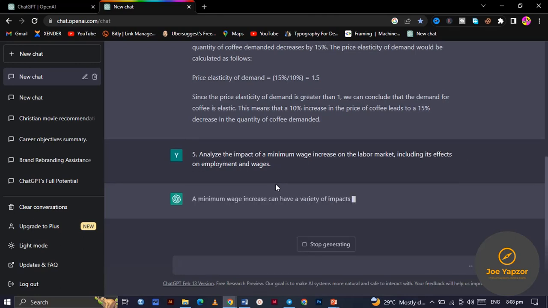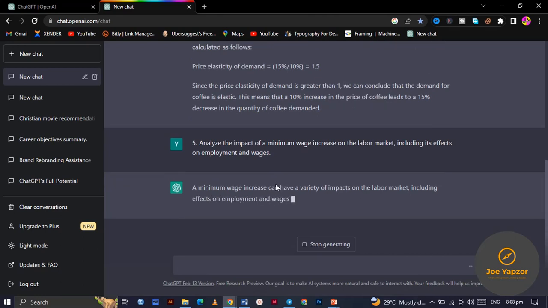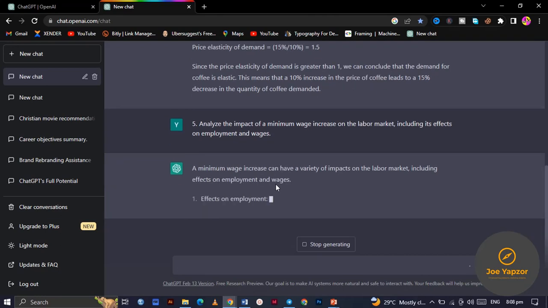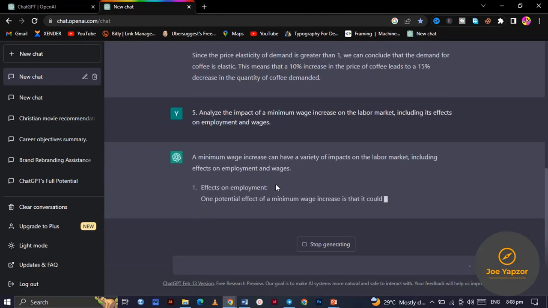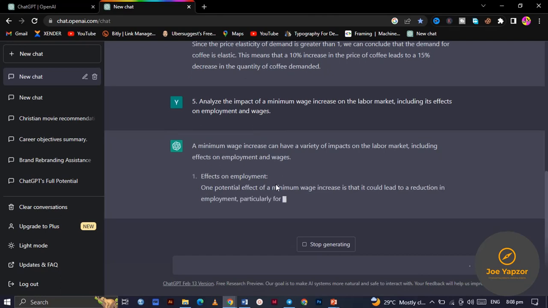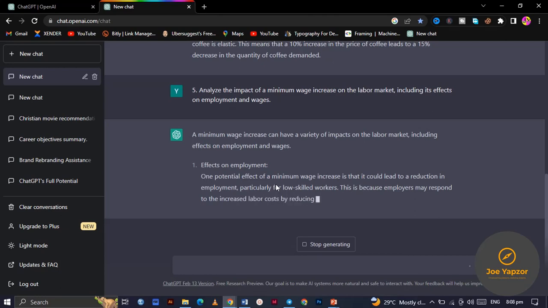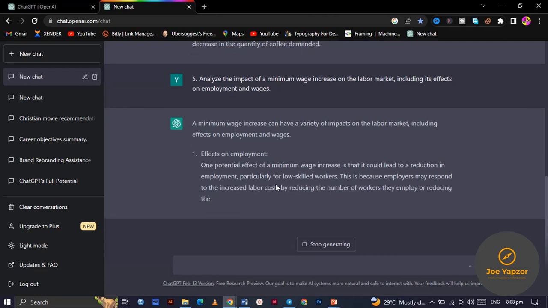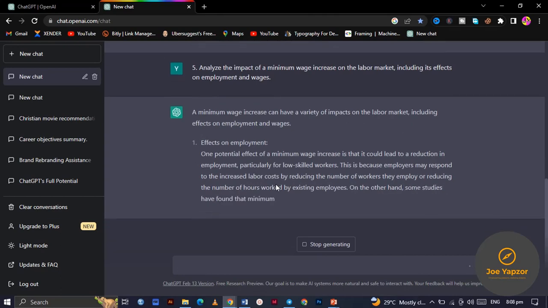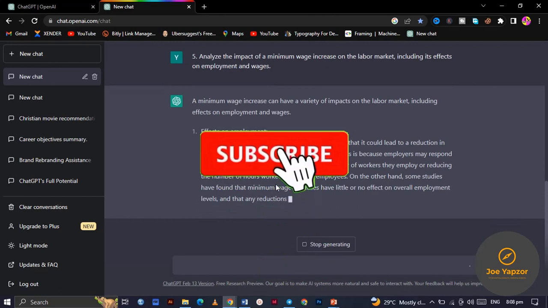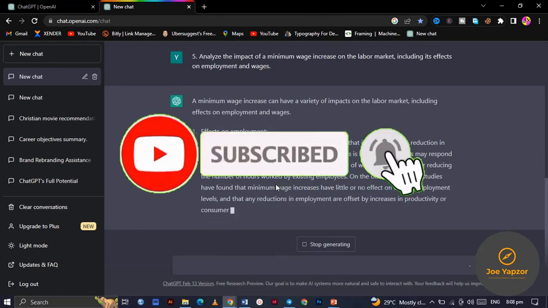A minimum wage increase has a variety of impacts on the labor market, including its effect on wages and employment. One potential effect of a wage increase is that it could lead to a reduction in employment, particularly of low-skilled workers. This is because employers respond to increased labor costs by reducing the number of workers that they employ.